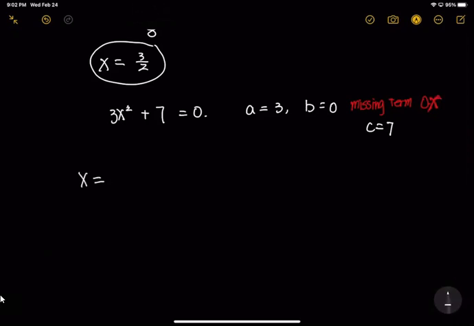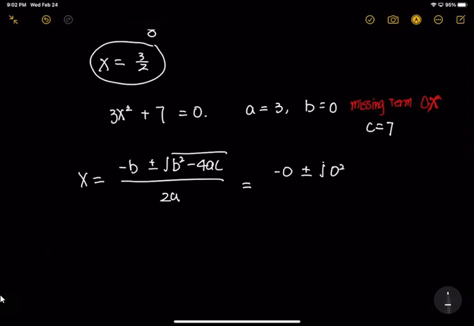Okay, now we use our quadratic formula, over 2a. We substitute negative b with a negative 0, positive and negative square root of 0 squared minus 4 times 3 times 7, all over 2 times 3.